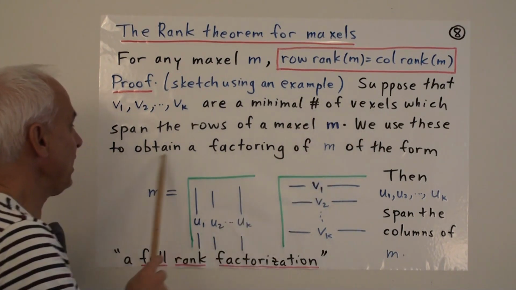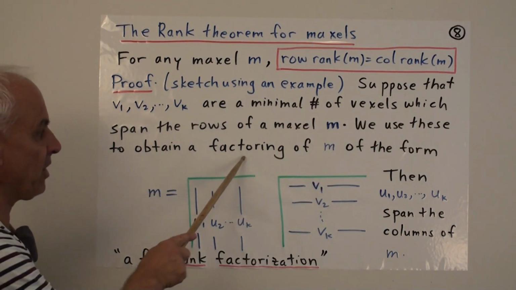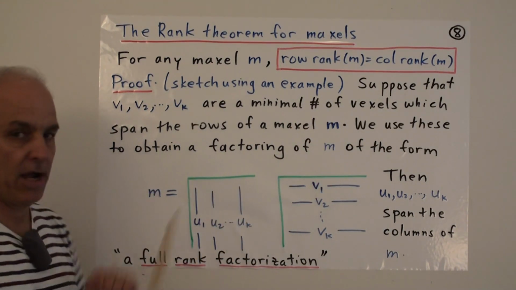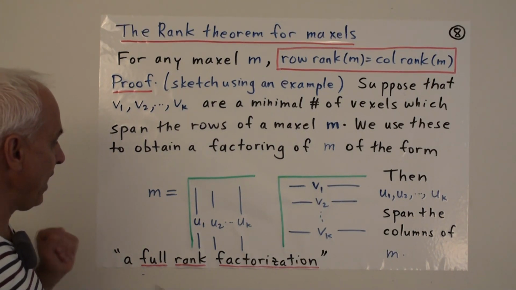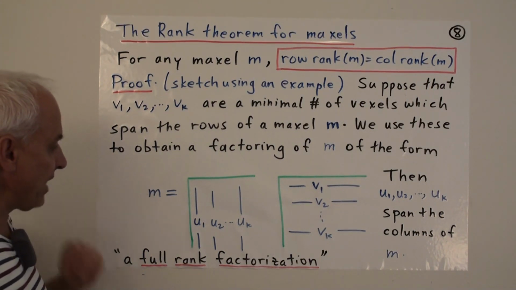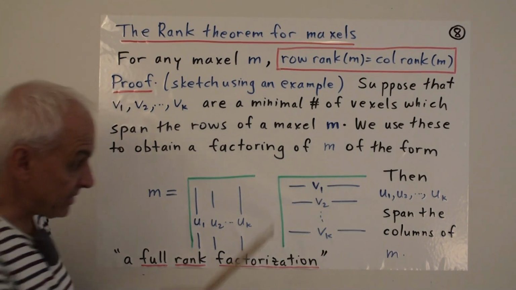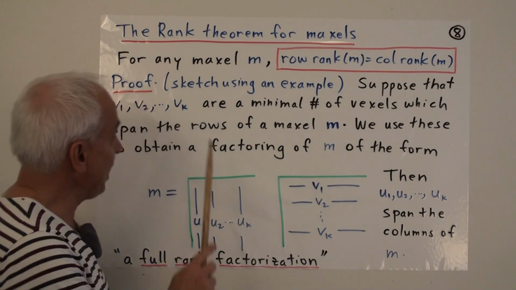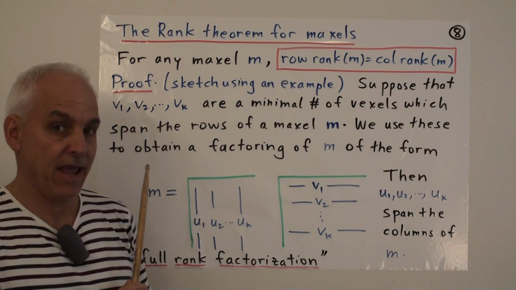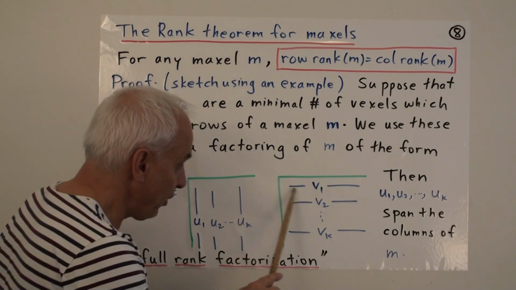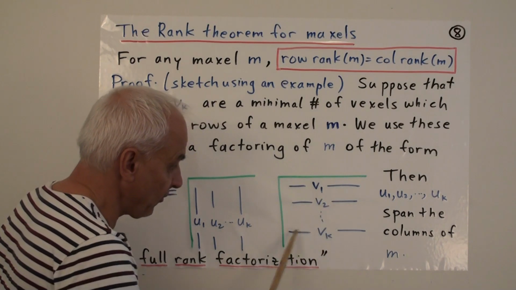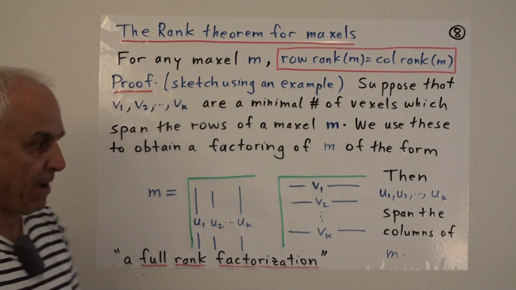We can use these to obtain a factoring of m of a particular kind. So it turns out that we can then write m as a product of 2 maxils, where the second maxil is obtained by taking these k vexels that we have and putting them as the first k rows of a maxil.